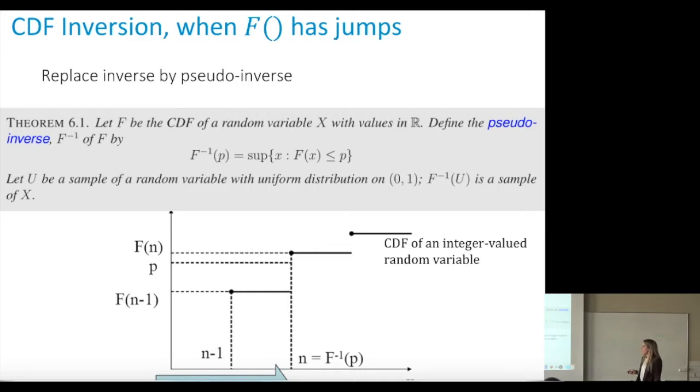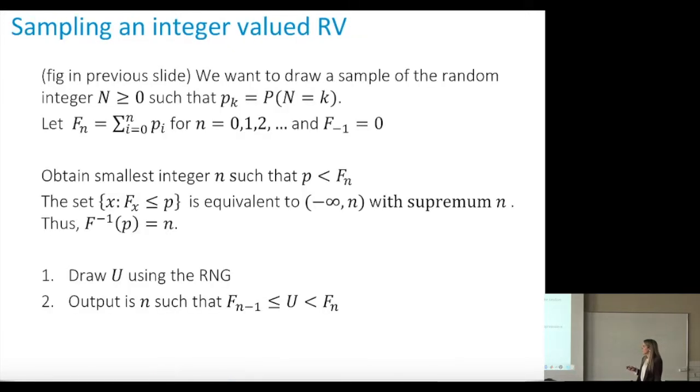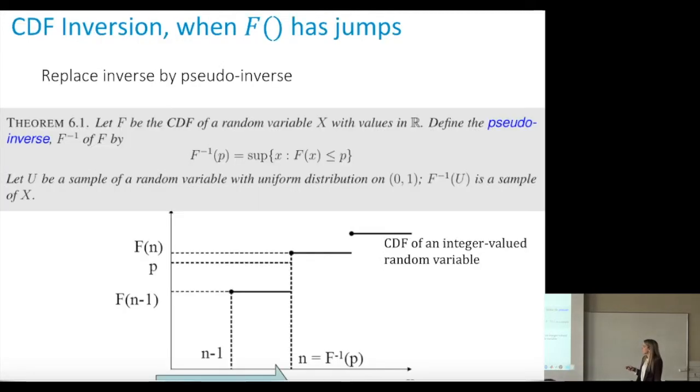Then for any value in the set from minus infinity to n, where n is open here, so without n, this set is equal to the set of all x such that F of x is smaller or equal than p.